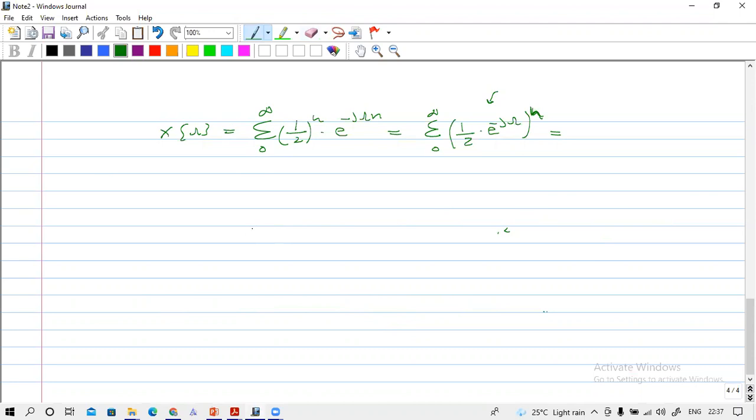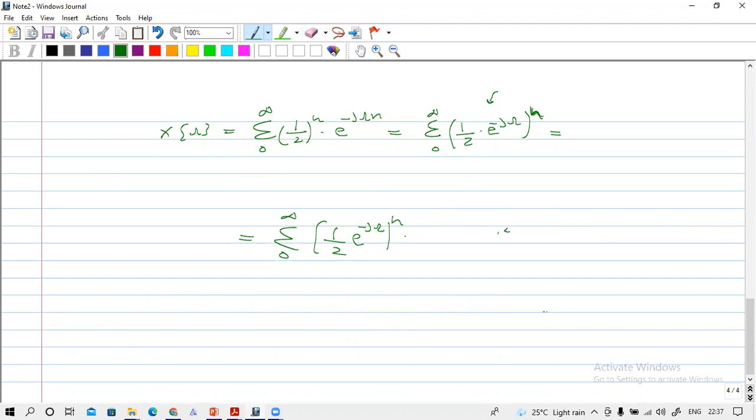You can see that this is the sum from 0 to infinity of (1/2) e^(-jωn).